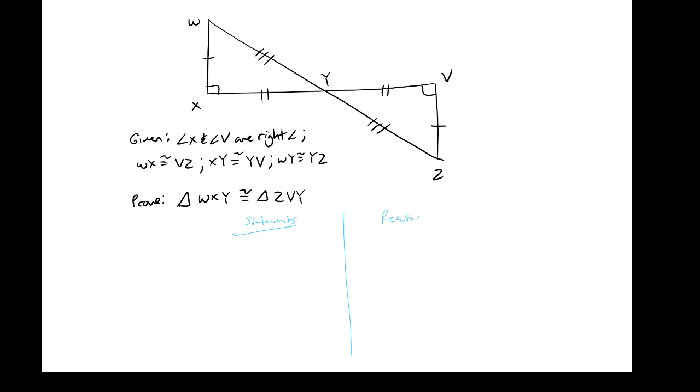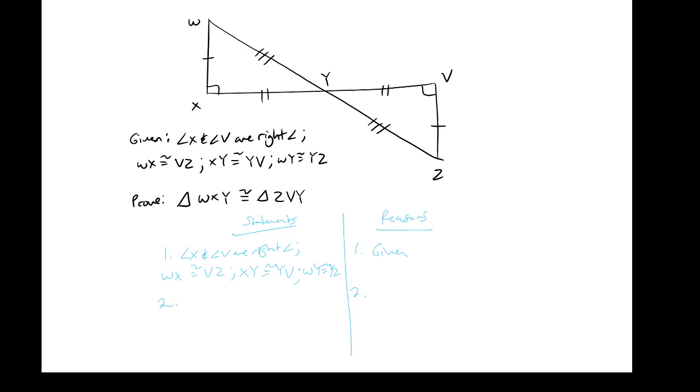Statements, reasons. We need to be explicit about all three sets of both angles and sides. And again, we're just going to rewrite our given here. Angle X and angle V are right angles. And of course, all these congruent segments that we have, we'll just detail in right here, as our given.